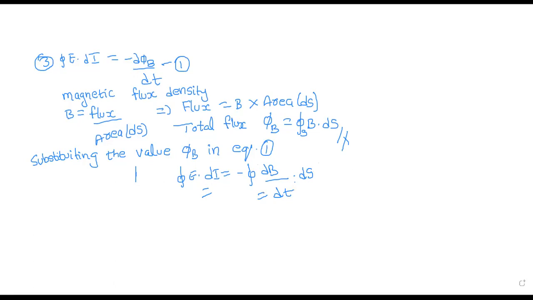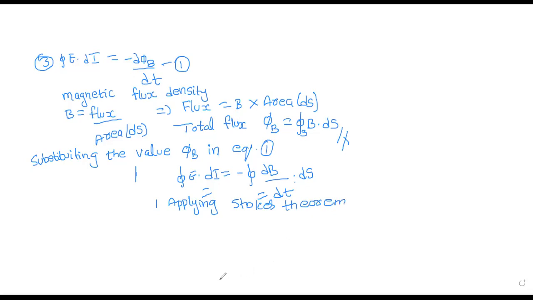So what do we have to do? We need to apply Stokes theorem. When you apply Stokes theorem, we can convert one of the LHS or the RHS into a similar form.